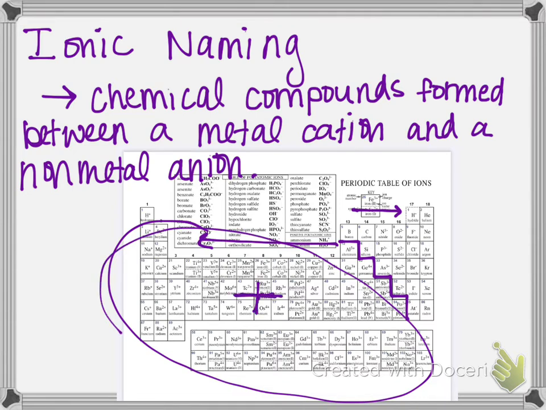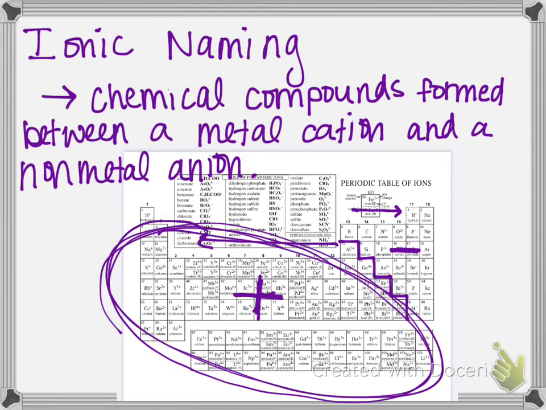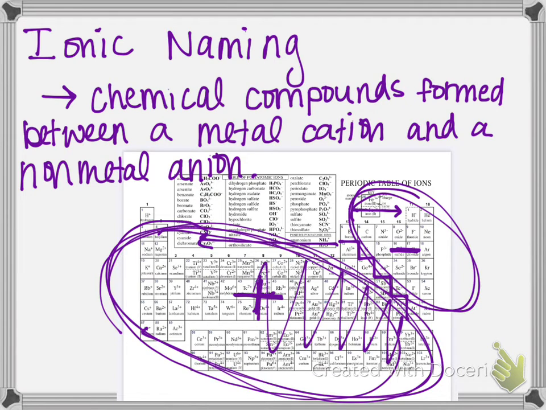Every element on this side of the periodic table has a positive charge. Every element on this side of the periodic table has a negative charge. So when an ionic compound is formed, we're going to take an element from this side and an element from this side, and we're going to bond them together. That's what an ionic compound is. It is between a metal, which is over here, and a non-metal.